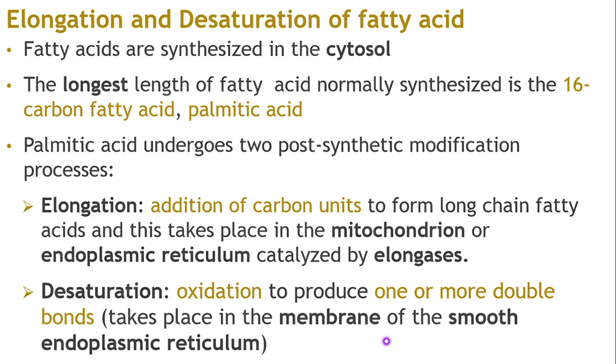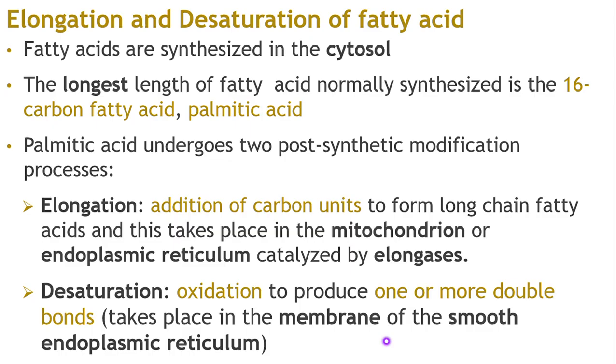For the chain of palmitic acid to increase, it has to undergo two post-synthetic modifications. This means that the elongation and the desaturation of the fatty acids occur at the same time.